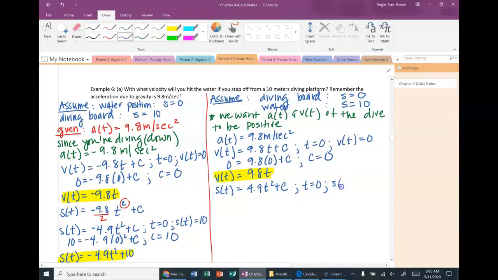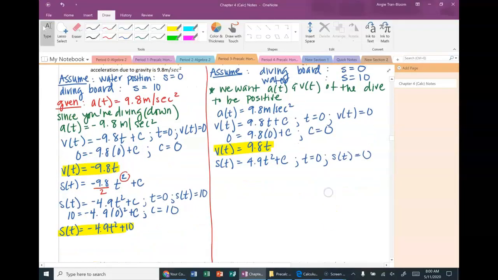So your s of t is 0. So when we plug it in, it's going to be 0 equals 4.9 times 0 squared plus c. So over here, c is still coming out to be 0. So over here, as you can see, your position is slightly different from the other side.